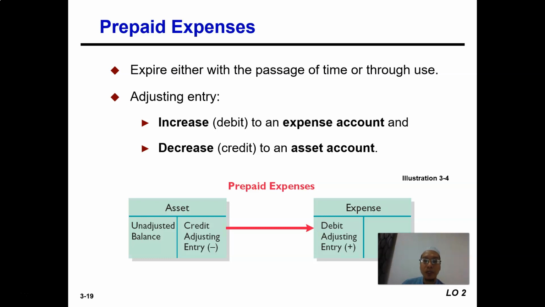But some other prepaid expenses expire through use. For example, you purchase supplies. You have office supplies, such as your printer toner and your stationery. When you use them up, then you will recognize that you have incurred your expenses.